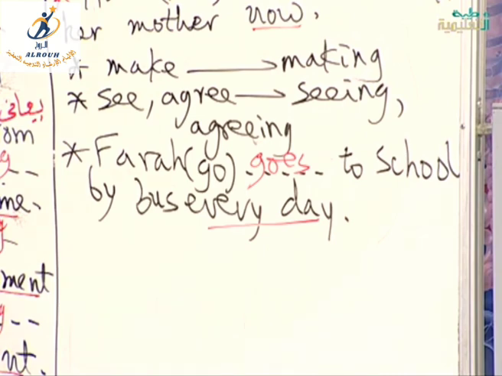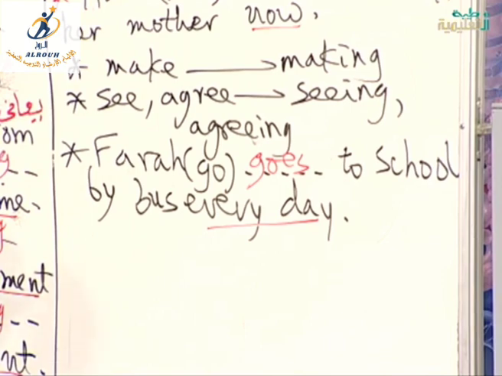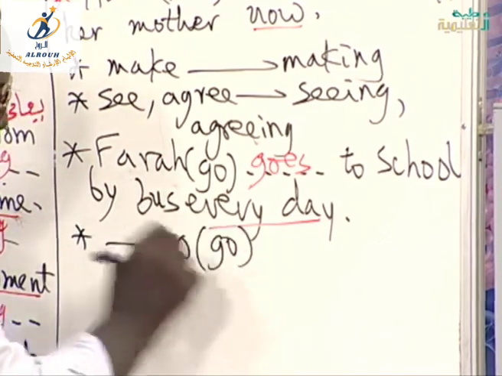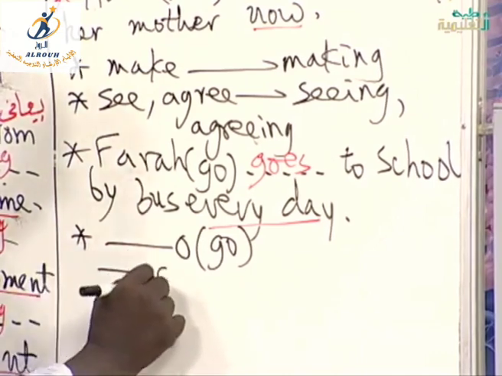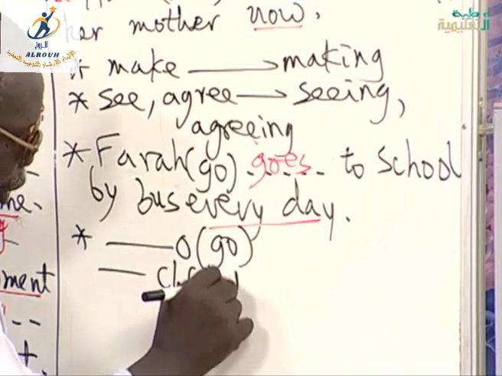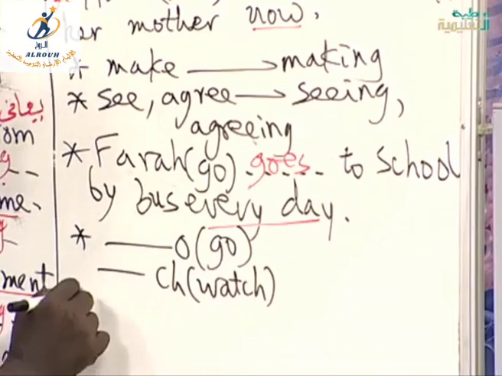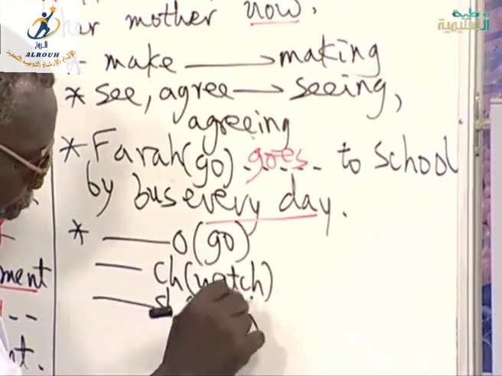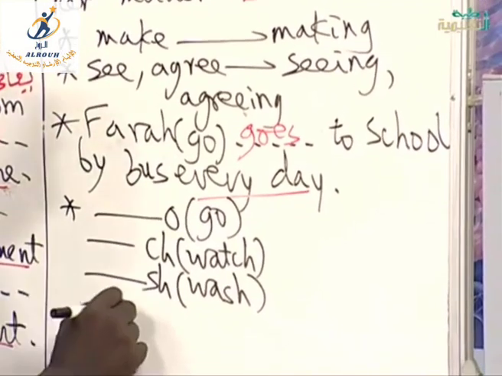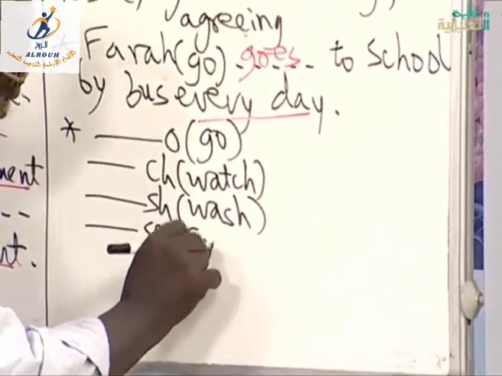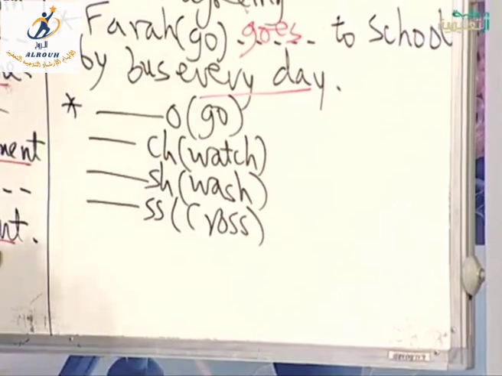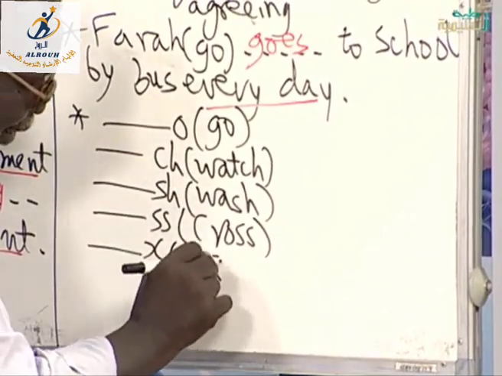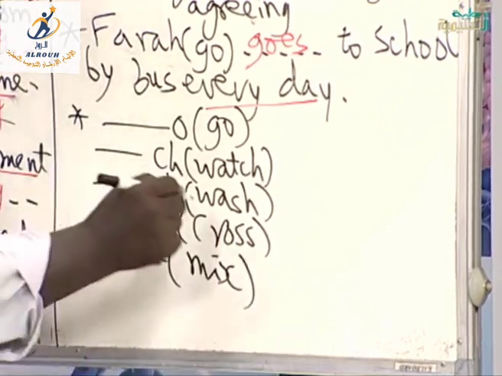When the verb, فعل, ends in o, like go. The verb ends in ch, like watch, يشاهد. The verb is ending in sh, like wash. The verb is ending in double s, cross, يعبر.